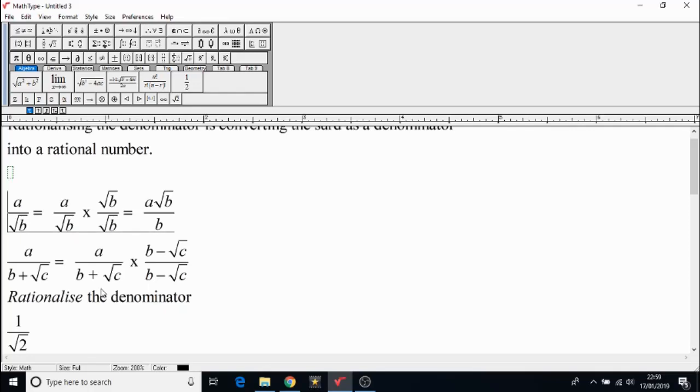So for a over b plus the square root of c, you multiply by b minus the square root of c over b minus the square root of c. This is because of the binomial a squared minus b squared, which I will go into later on in the video.